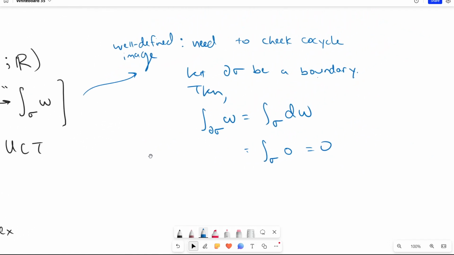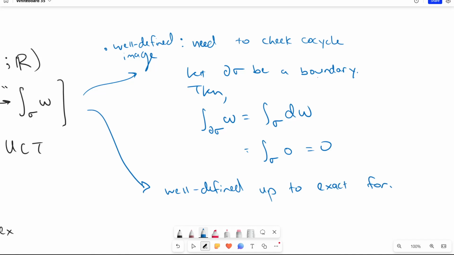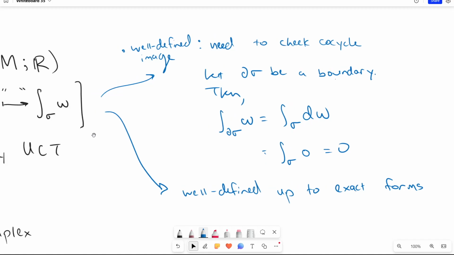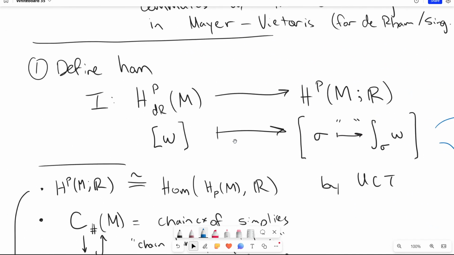Then the other thing to check is that it is well-defined up to exact forms, i.e., we would want to see that if instead of picking the representative omega, we picked the representative omega plus d eta, these both represent the same cohomology class, since this right here is a coboundary, it's an exact form.